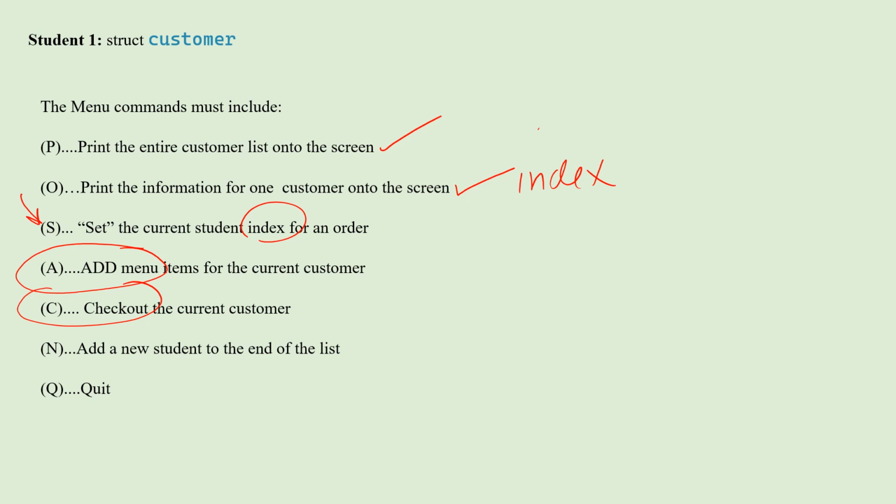So everything is the same, and then add a new, oh, this should be customer, whoops, add a new customer to the end of the list. I better fix that in the document. All right, so everything is going to be the same except for the printing the list, the one customer, adding a new customer, except it has a little bit different information. The big difference is how you're going to do the checkout and do the items, but everything else is very similar between customer and student.